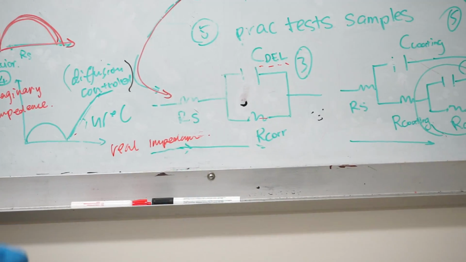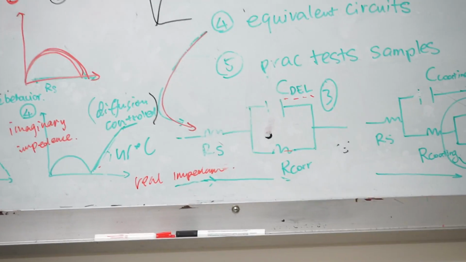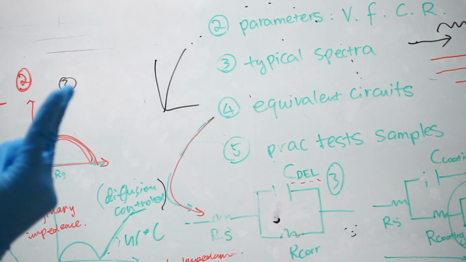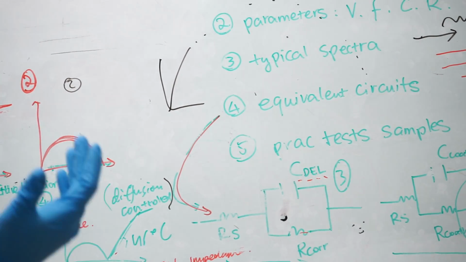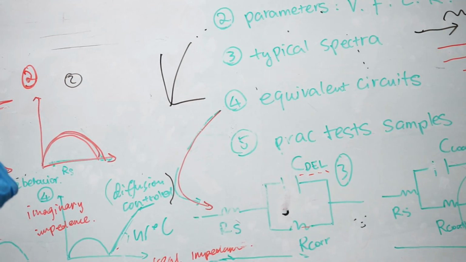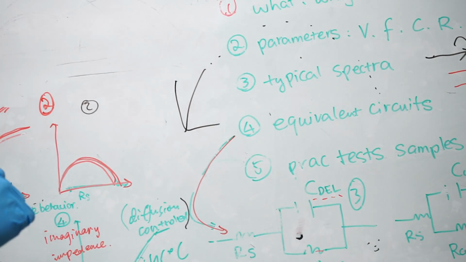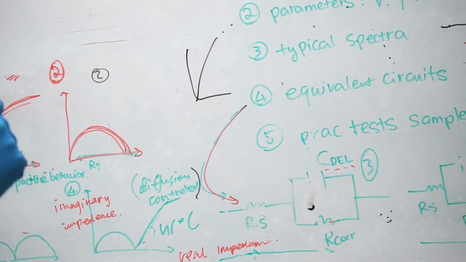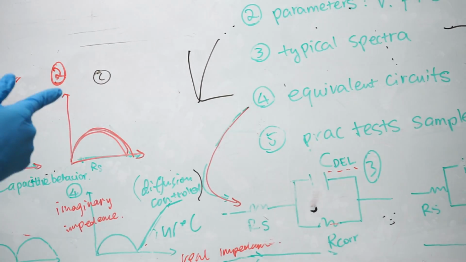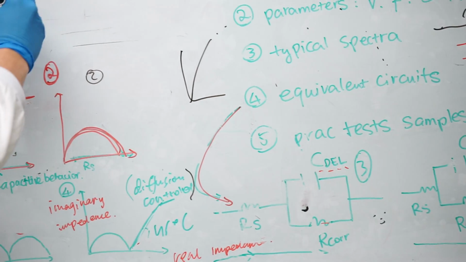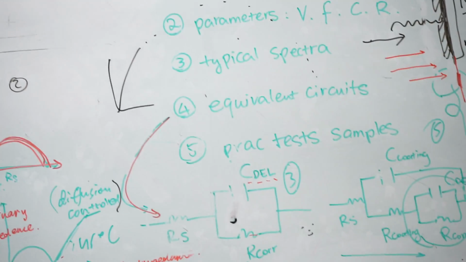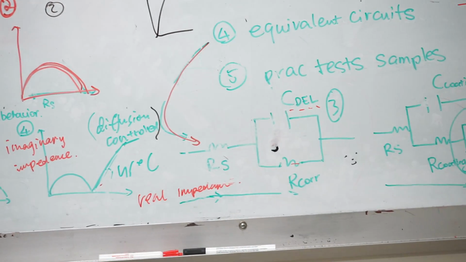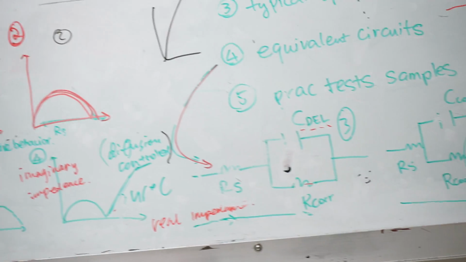How would you differentiate them? If the equivalent circuit I'm showing is for the uncoated and for the coated sample, what would be the difference? Any idea? What do we measure here? We measure impedance, right? And impedance is just a complex way to understand the resistance to polarization of these alloys.